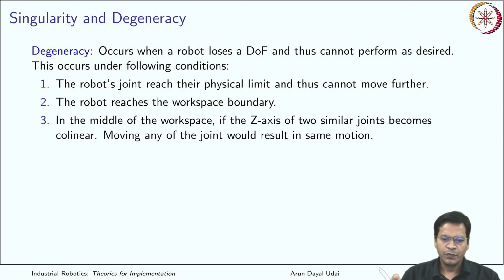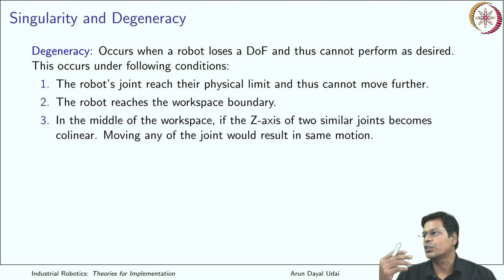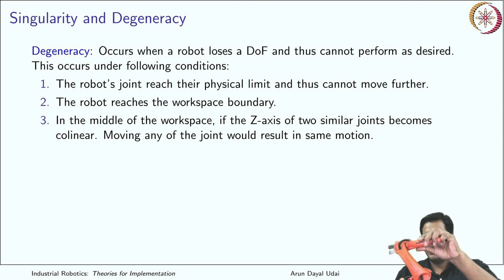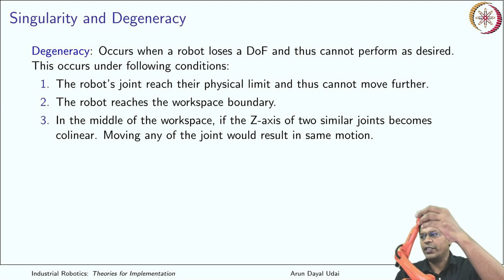Third one: in the middle of the workspace also, if the z-axes of two similar joints become collinear. I'll show you by example also. If the z-axes of two similar joints become collinear, whatever you rotate, you see the same action. Let us say this link goes vertically over this.